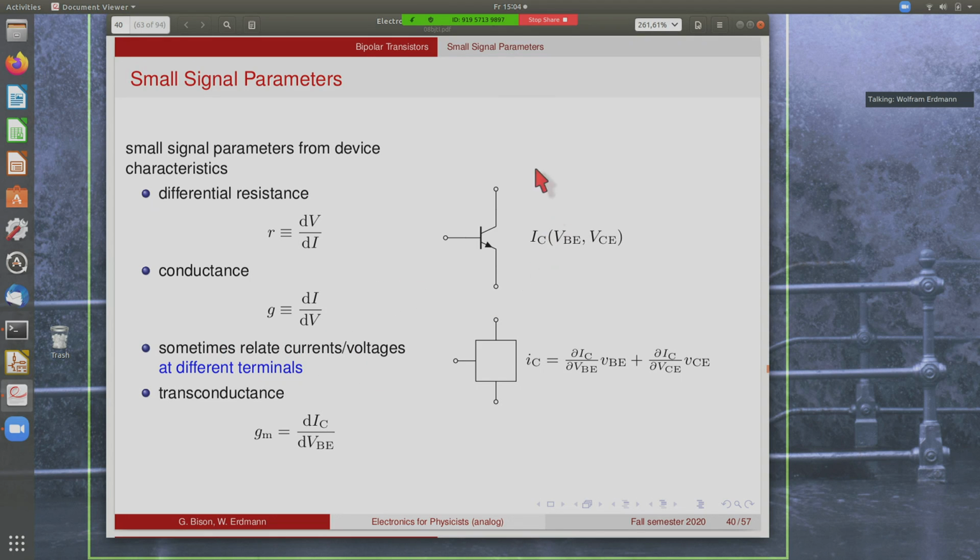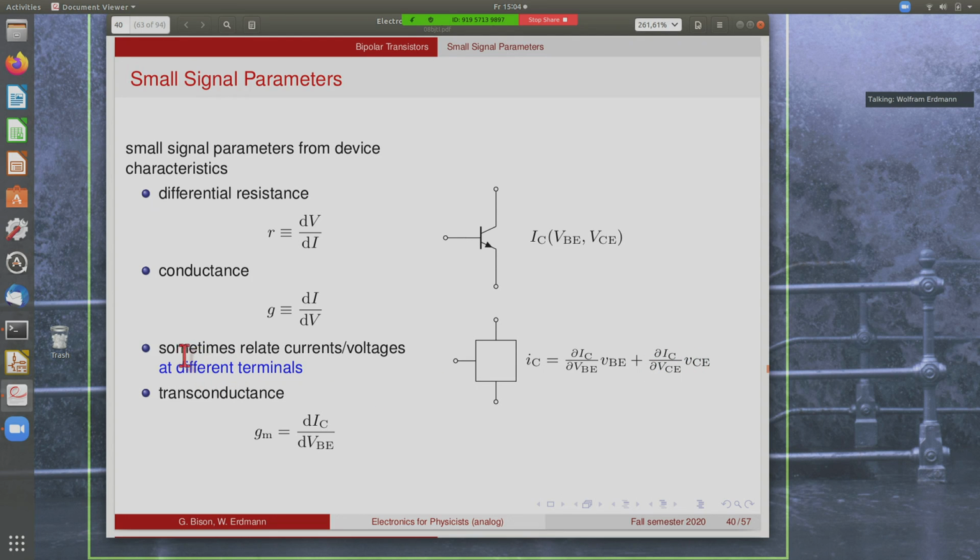And when you have something like a transistor, which is a 3-terminal device, you sometimes relate currents and voltages at different terminals. So here, for instance, the collector current change is given by the change of the base emitter voltage and the change of the collector emitter voltage.